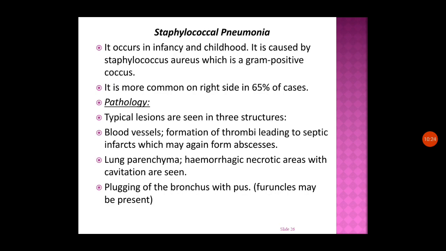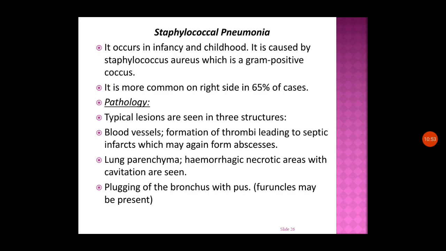Next is staphylococcal pneumonia. It also occurs in infancy and childhood. It is caused by Staphylococcus aureus, which is a gram-positive coccus, and is commonly seen on the right side. That is, in 65% of the cases we can see it in the right lung. And pathologically, lesions are seen in blood vessels, with thrombi leading to septic infarcts, which may again form abscesses.